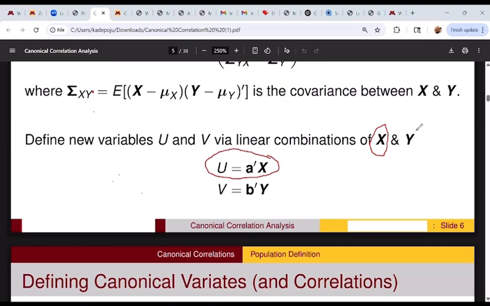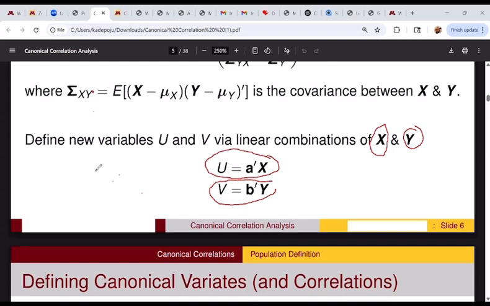We're also going to do the same thing for the set of Y. For the set of Y, our V is a linear combination of the set of Y, while U is a linear combination of the set of X.